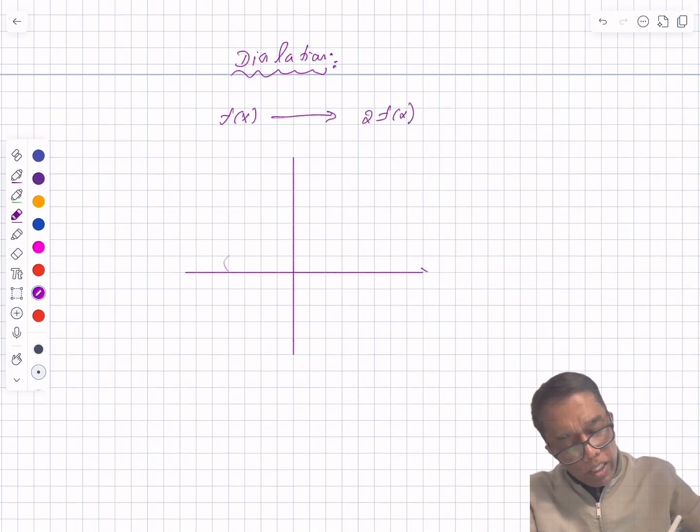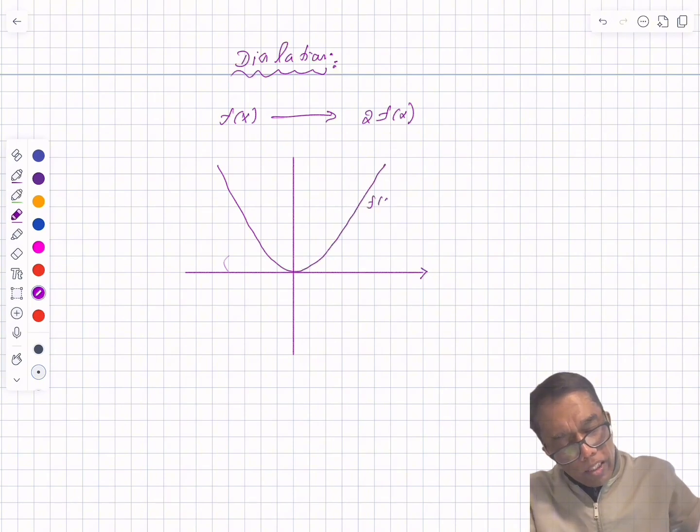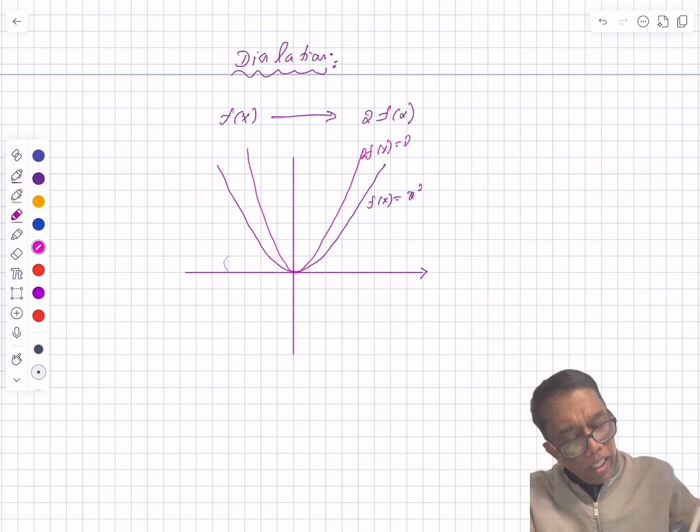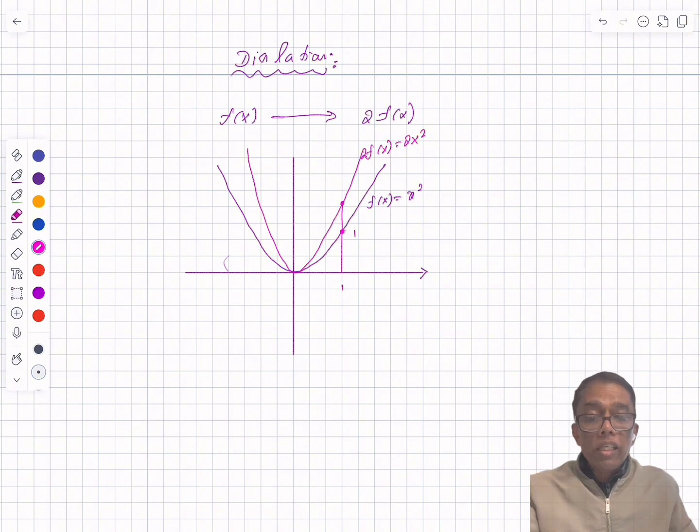This is my original graph, f(x) = x². The next one is 2f(x), 2x². When x is equal to 1, this is 1, this should be 2. That means vertical stretch.